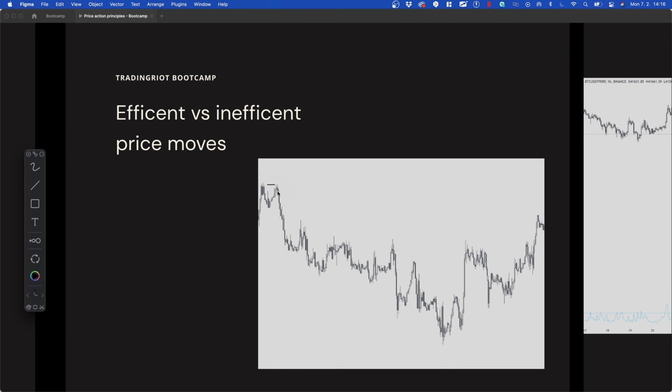up and down, but once new information comes in, the market becomes more inefficient and starts to create these liquidity gaps that I already covered, and these are your inefficient price moves. Once again, then the market is going to pause and become way more efficient, here, also here.